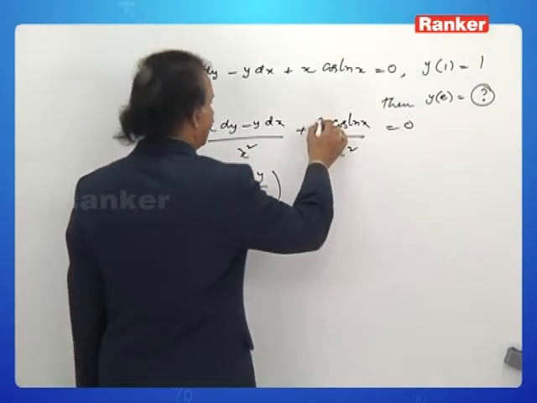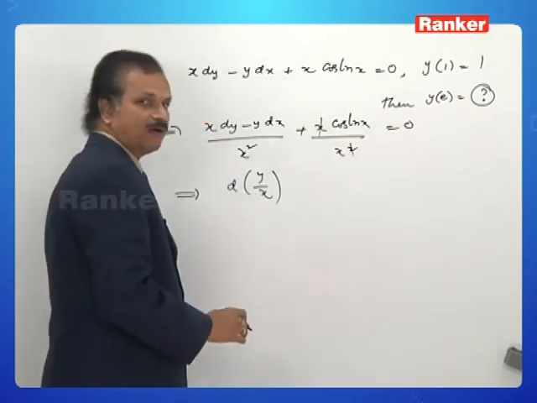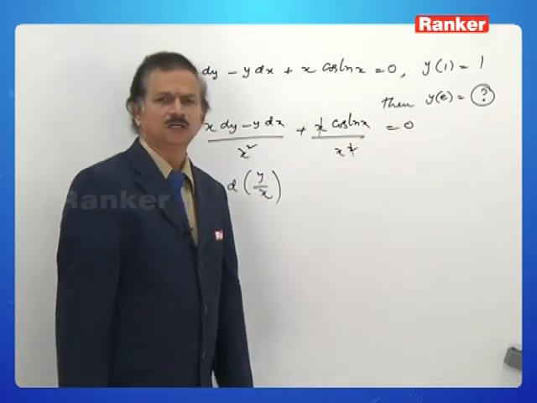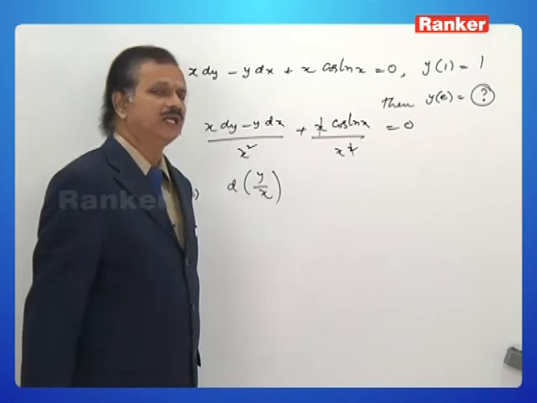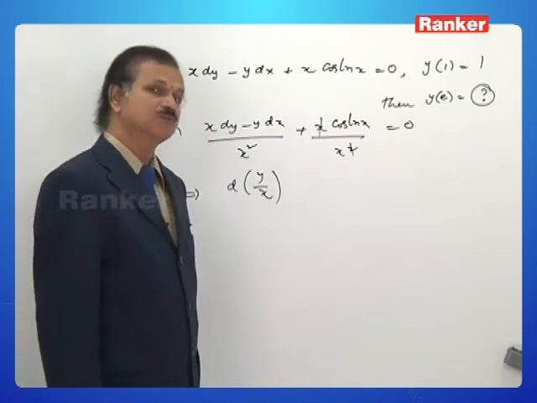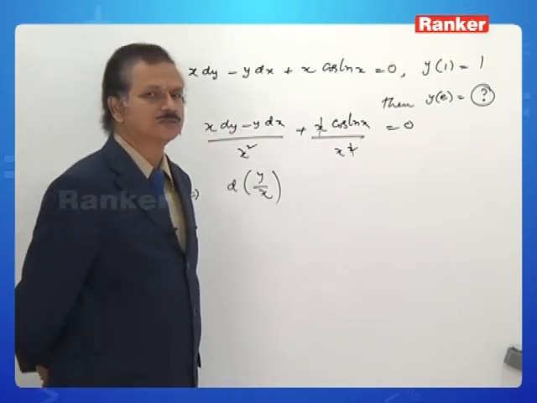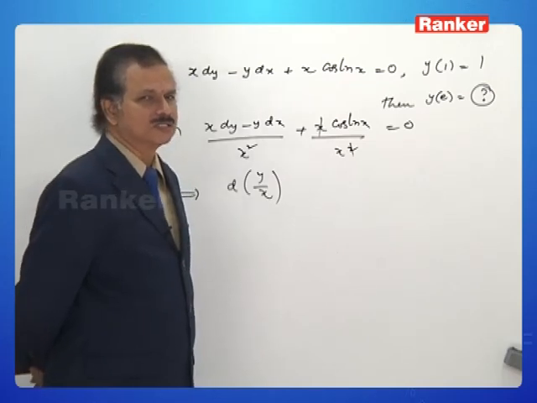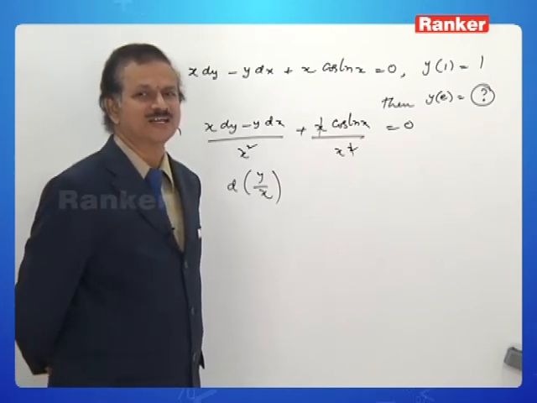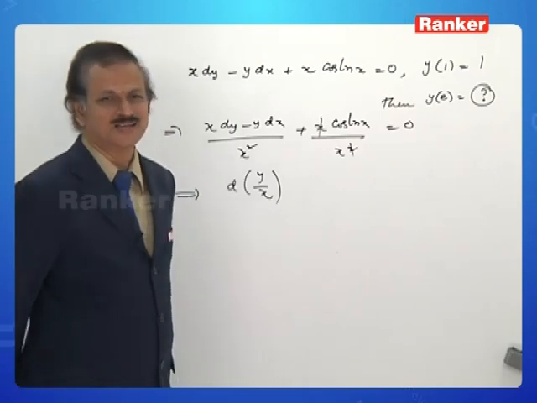And now here x can be cancelled, leaving cos(log x)/x. Recall from indefinite integrals that if you take log x = t, then (1/x) dx = dt, so it is cos t dt, whose integral is sin t, that is sin(log x).